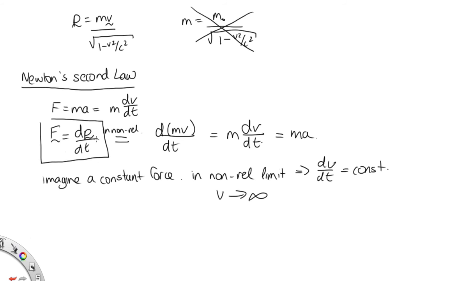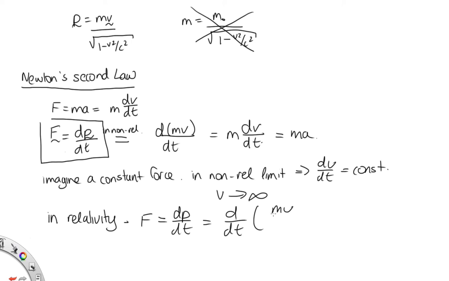So what's the difference in relativity? So in relativity, we've got that the constant force would equal dp dt, which should be equal to d dt of mv over the square root of 1 minus v squared on c squared.